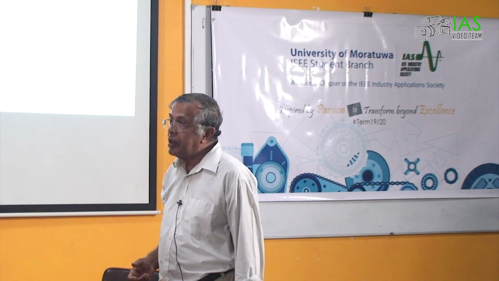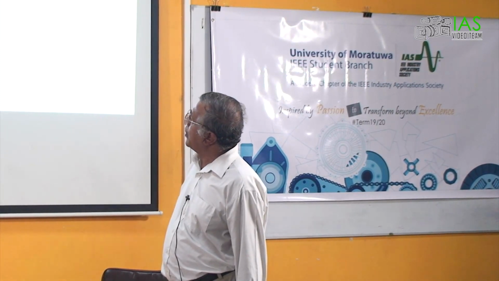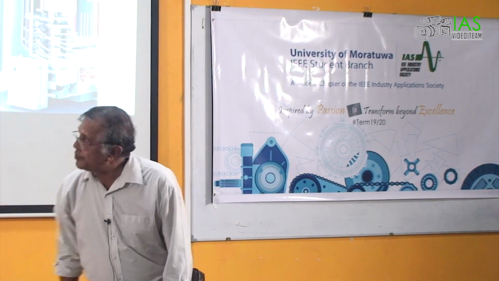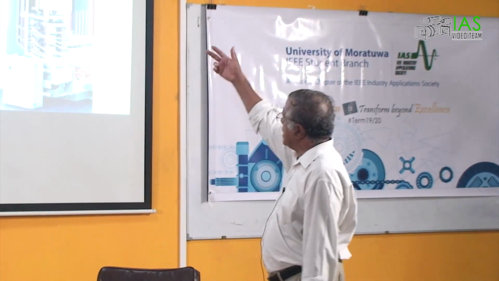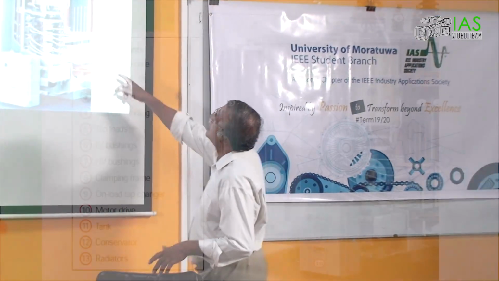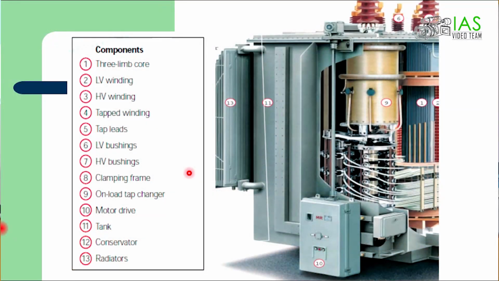So this is inside the transformer. Number one is the core without the winding, and number two is the LV winding, which I'll show you on the next slide.